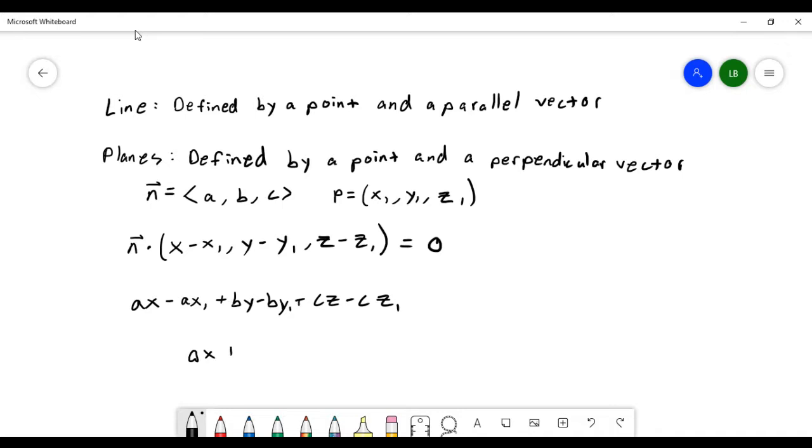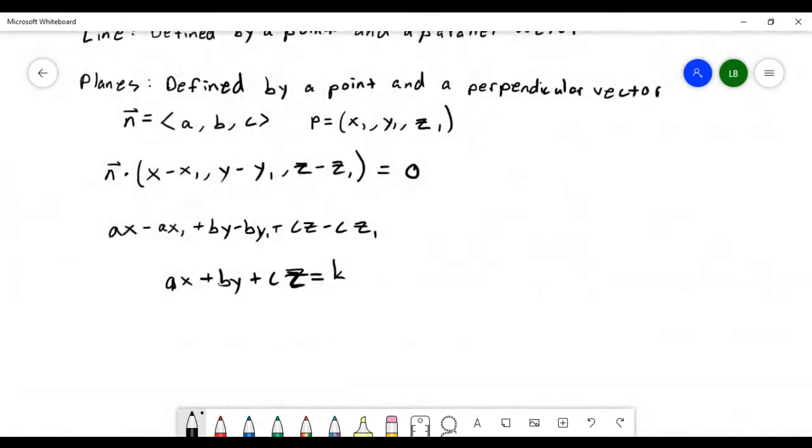But it ends up looking like ax plus by plus cz equals some constant on this side. So if you're looking at an equation of a plane, you can really easily pull off the normal vector just by looking at the coefficients on x, y, and z. You can say, oh look, it's just the x coefficient, comma the y coefficient, comma the z coefficient.